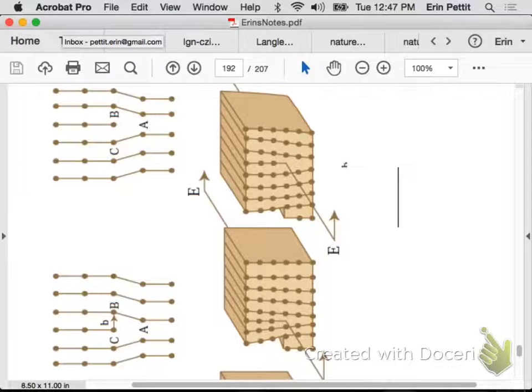This atom will jump on and join this guy, and this one will jump on and join that guy, and this one will jump on and join that guy, and the dangling one will slowly move its way up the lattice structure.